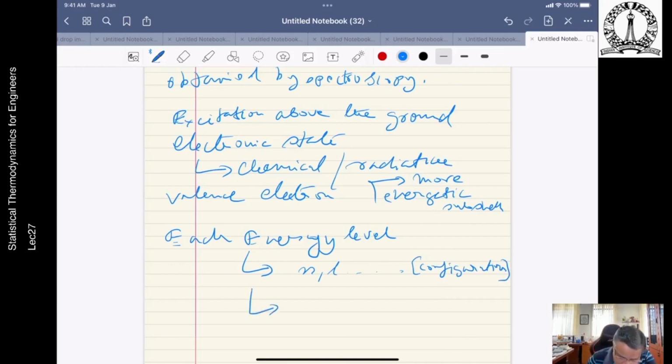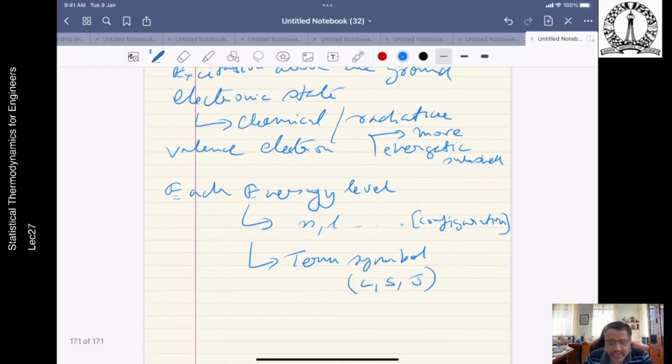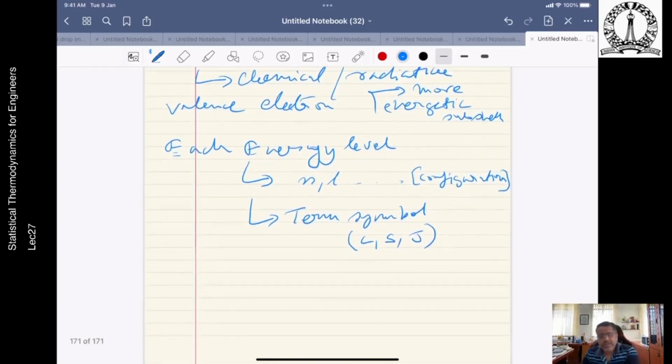And then we have the term symbol, which takes into account the interactions, which is L, S, and J. So the term symbol and the electronic energy can be listed. Similarly, for simple elements, below Z equal to 40, this can be written in this particular form.